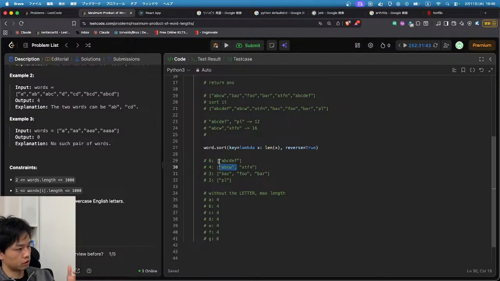So when we check these words, it seems we can get 4, but it's not actually. We have to check where it comes from. We have to check where it comes from, right?